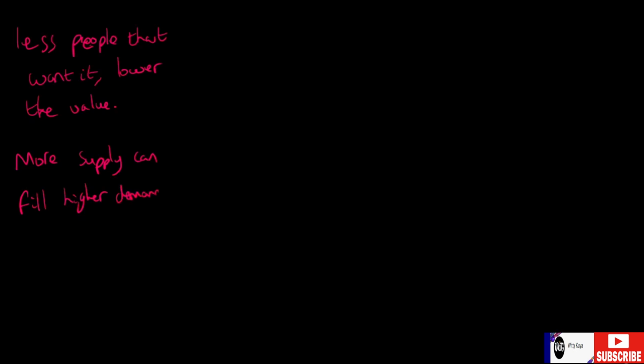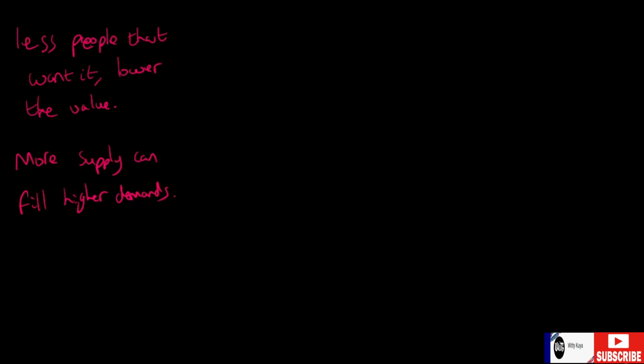So if the demand is high, and this is applicable to any product, whether it's a currency, fruit and veg or computers, it doesn't matter. This is, again, Economics 101. So if the supply is steadily increasing and the demand is as well, then the value of Bitcoin won't really increase much, if at all.